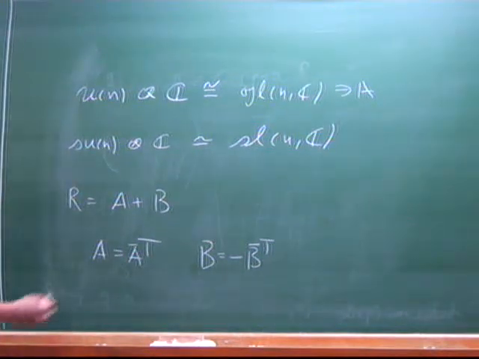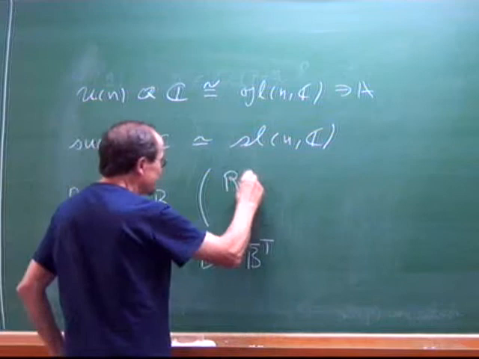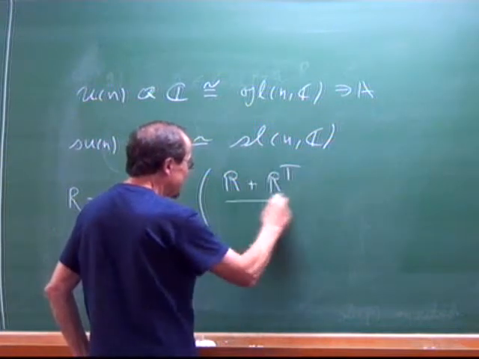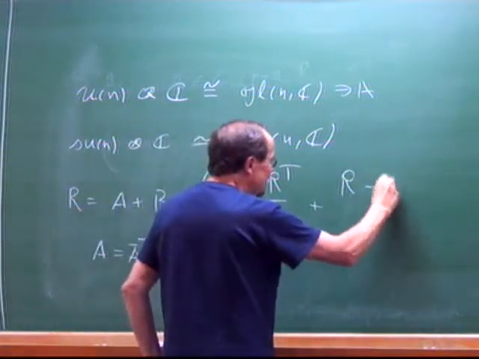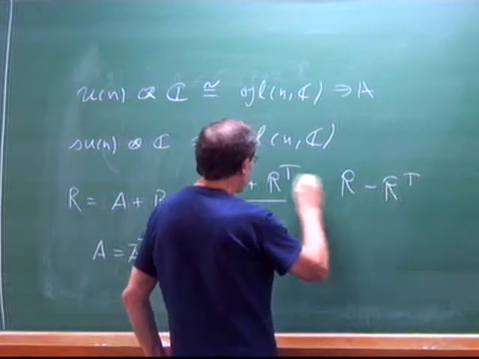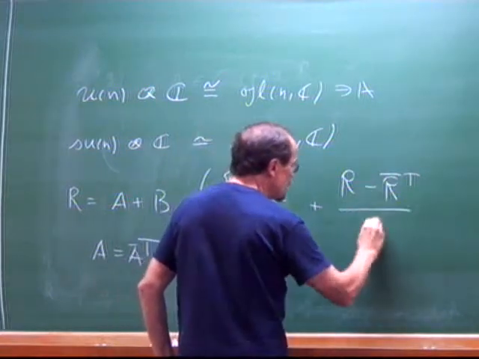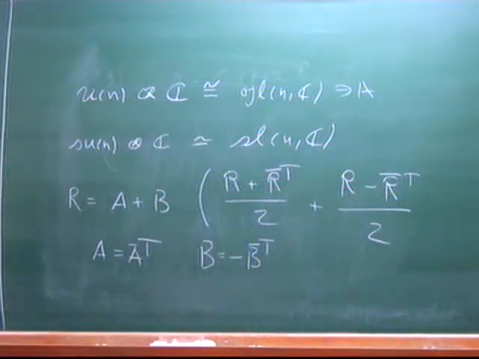How do you do that? That's the formula. So in terms of R, what are the matrices A and B? A is R plus R bar transpose, halved.